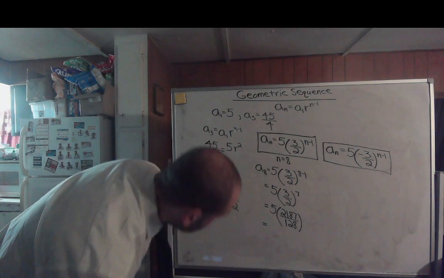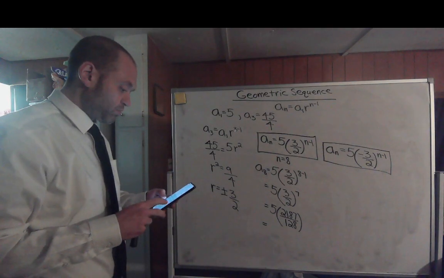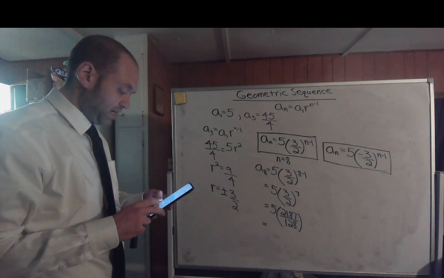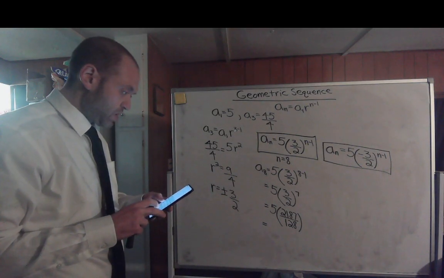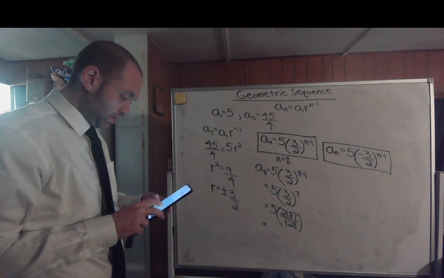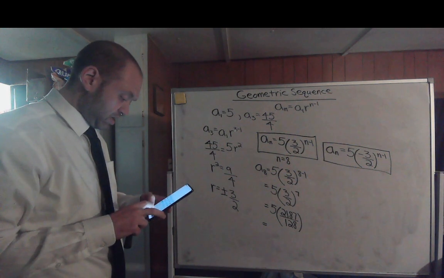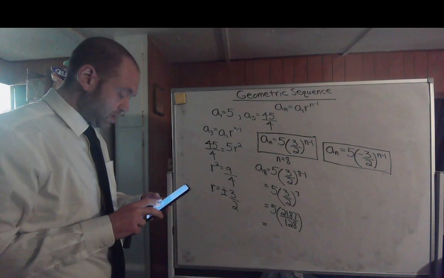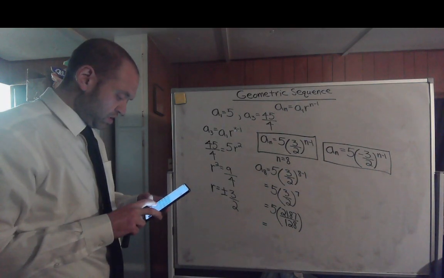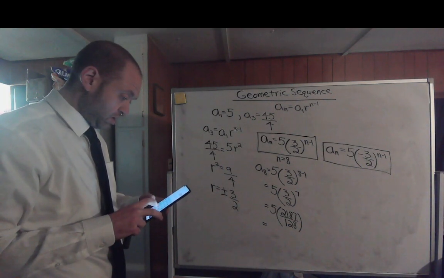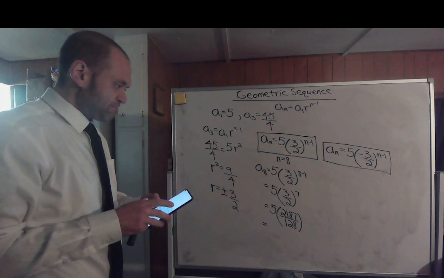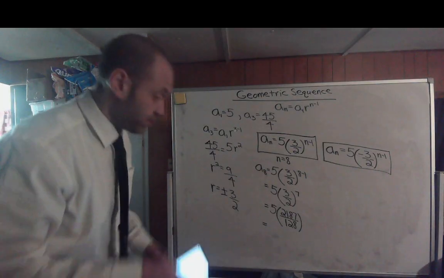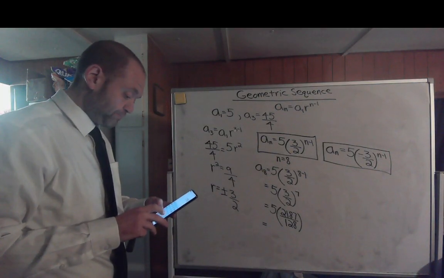Which I'm not sure if 2,187 and 128 have any common factors. They don't appear to, so it's just going to be awful.